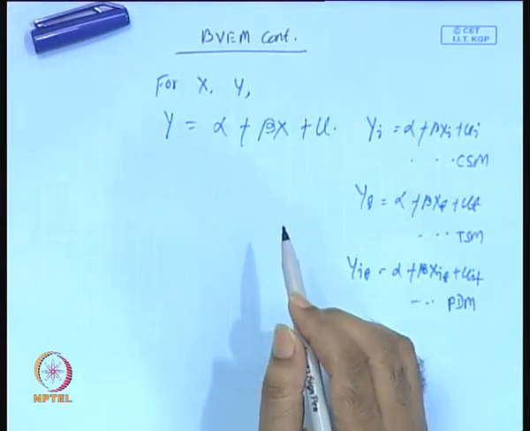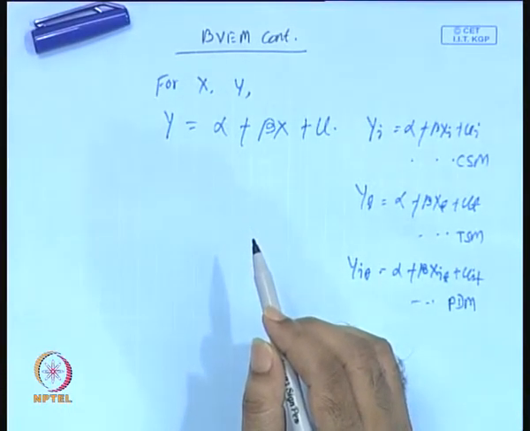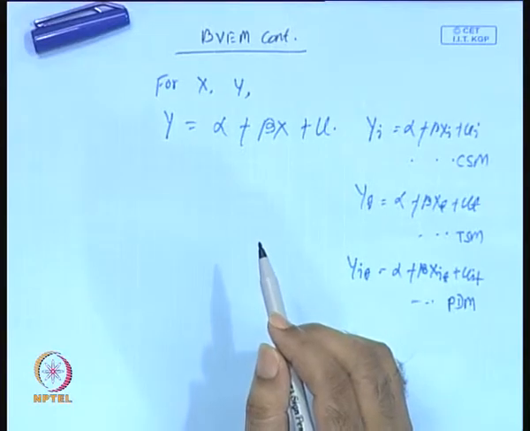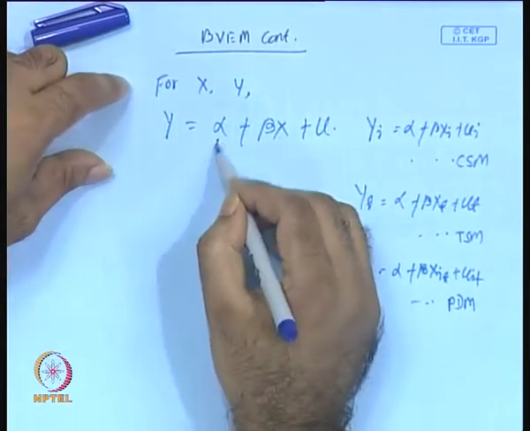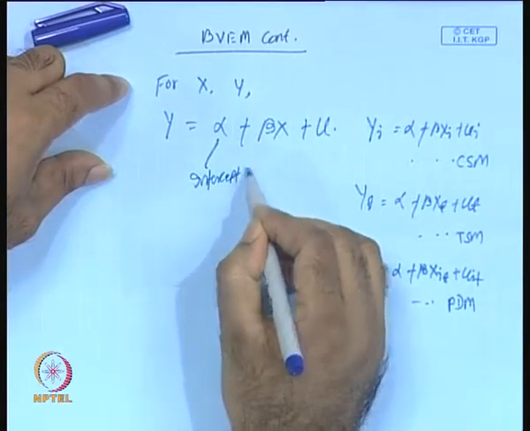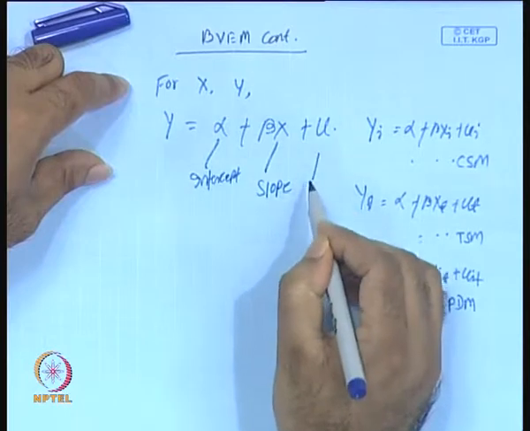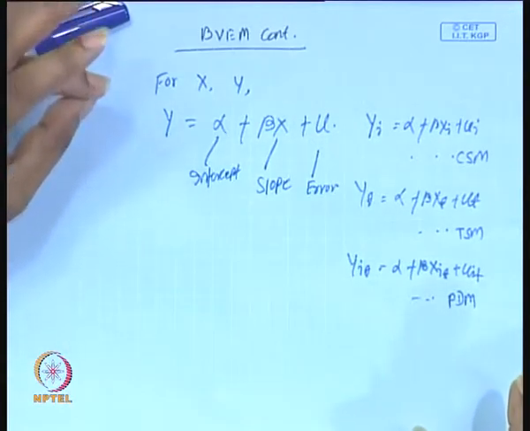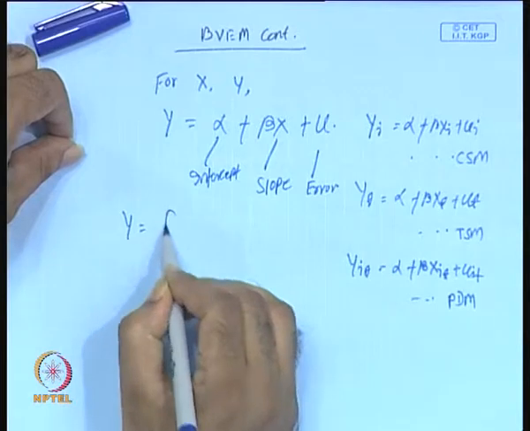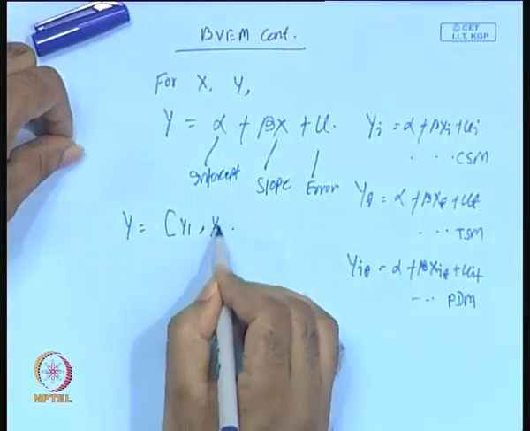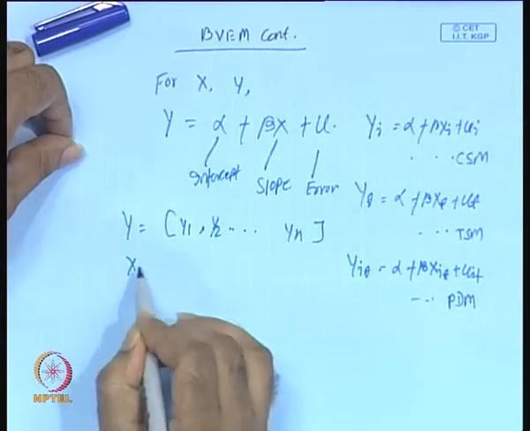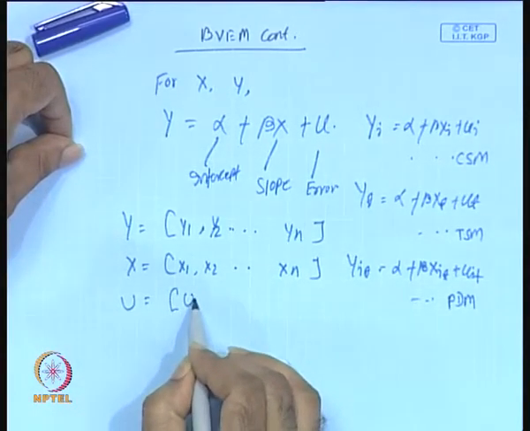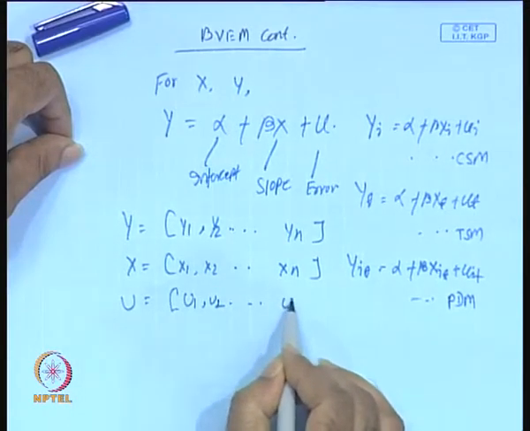The entire structure of bivariate econometric modeling is represented here, divided into three parts: alpha is the intercept, beta is the slope, and u is the residual or error term. Here y equal to y 1, y 2 up to y n, x equal to x 1, x 2 up to x n, and u equal to u 1, u 2 up to u n.